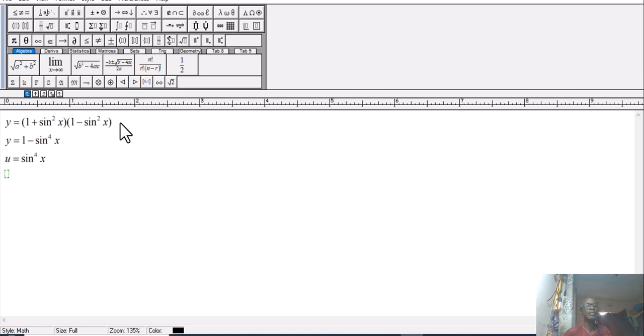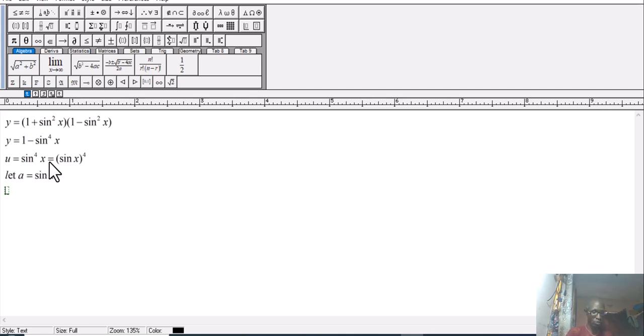Now let's imagine that this is the same thing as the power 4. So let a be equal to sine x.